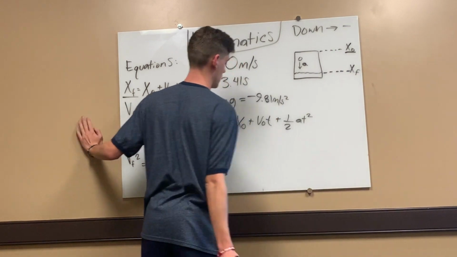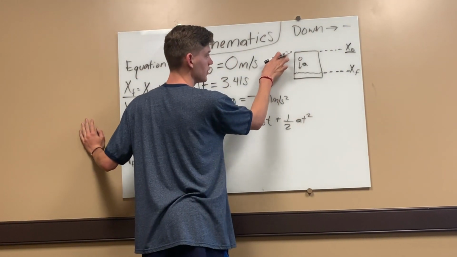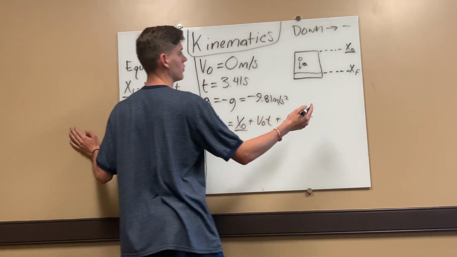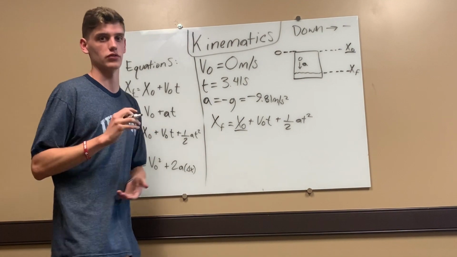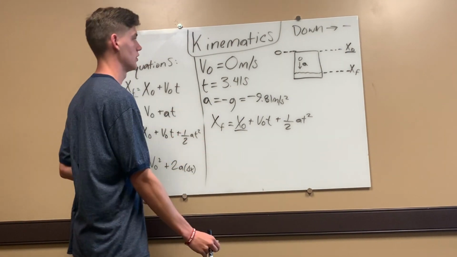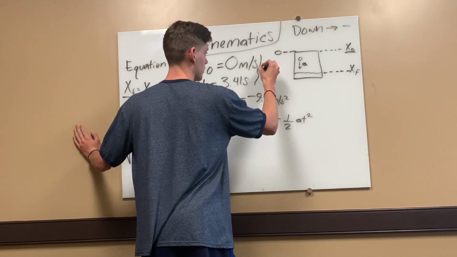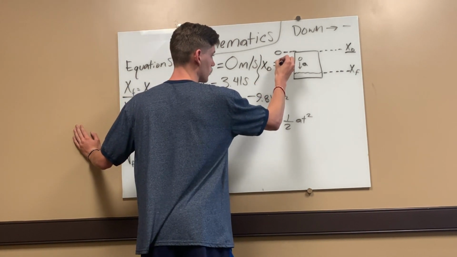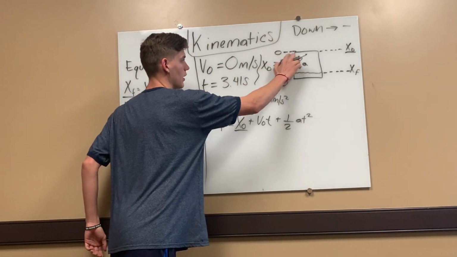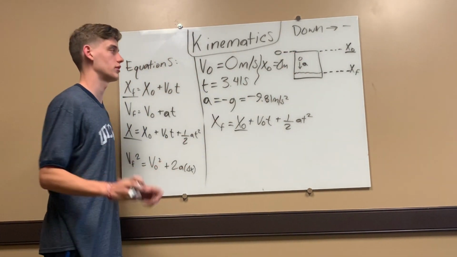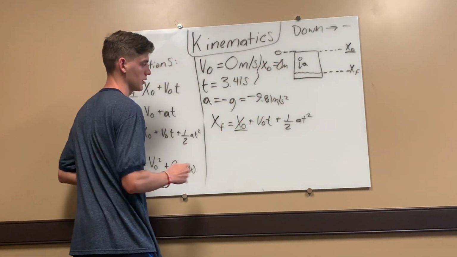For x naught, we can define this height here to be height 0, because that's where our stone begins to be dropped. So x naught is equal to 0 meters, because we can define what height we want to start counting from.